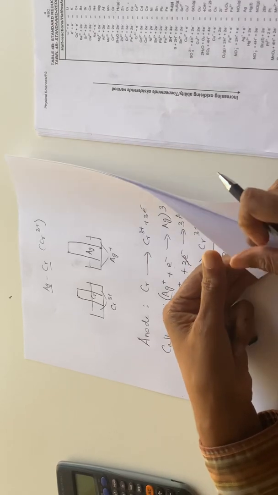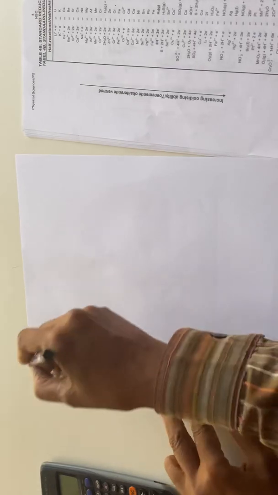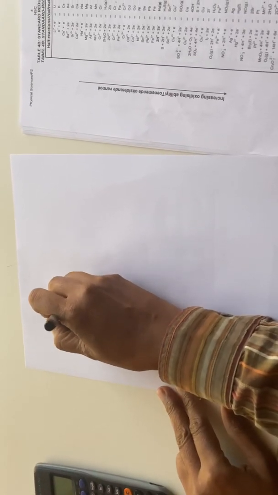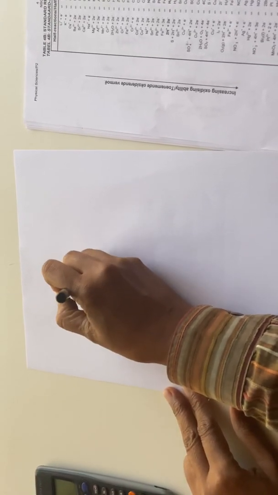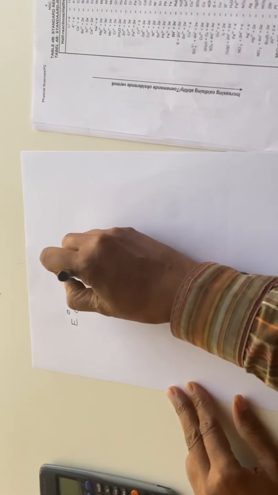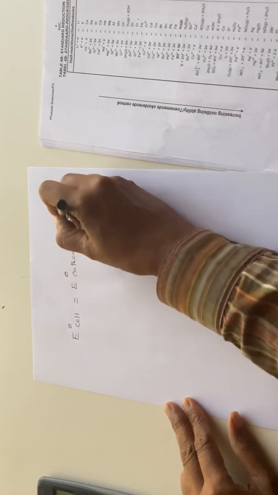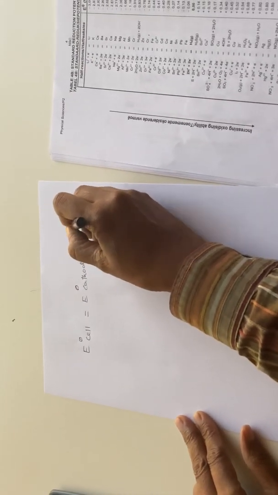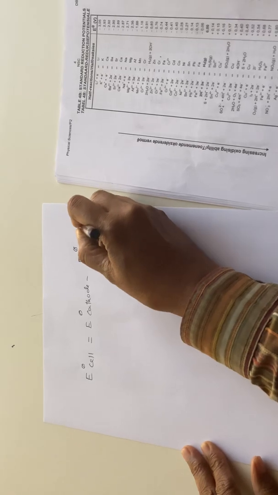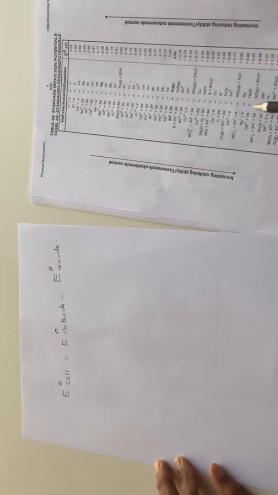How to calculate the EMF of this cell? To calculate the EMF of this cell, you must know that the cathode is the one that's going to come first in the equation. We write E° cell, it's not E°, it has a dash there: E° cathode minus E° anode, that tells you it's standard conditions. The cathode here is silver.